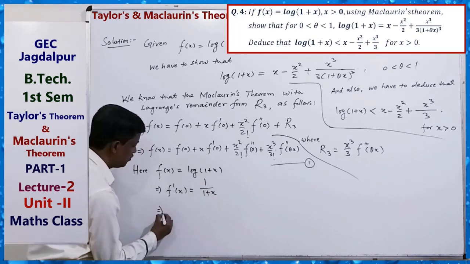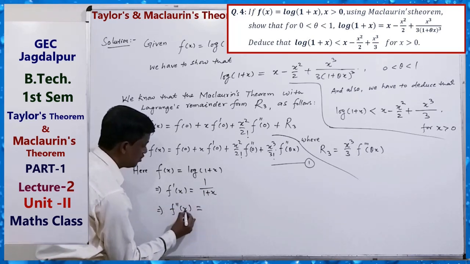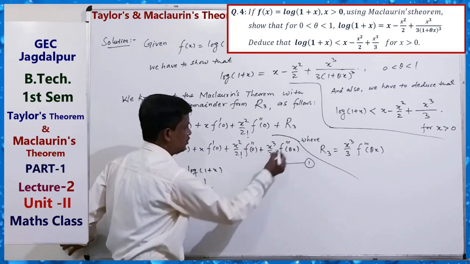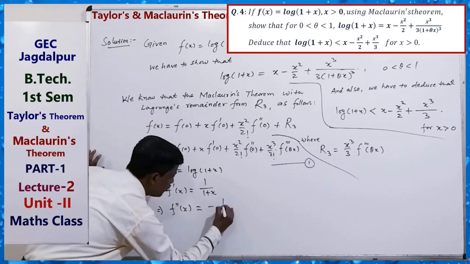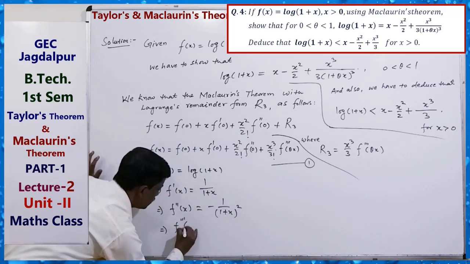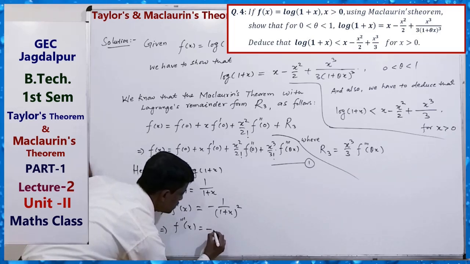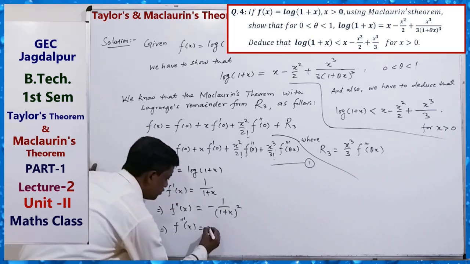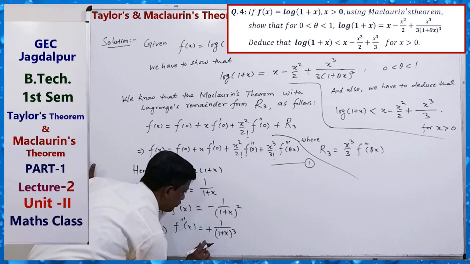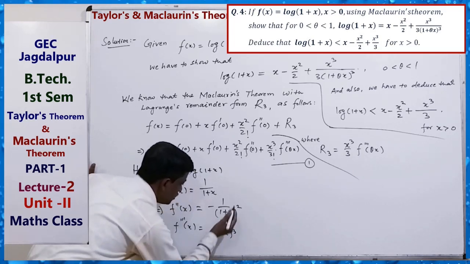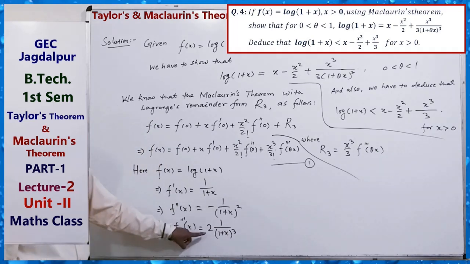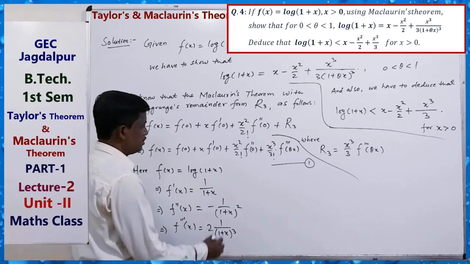Then f''(x), because we require derivatives up to the third derivative, the second derivative is minus 1 upon (1 plus x) square, and the third derivative is plus 2 upon (1 plus x) cube.